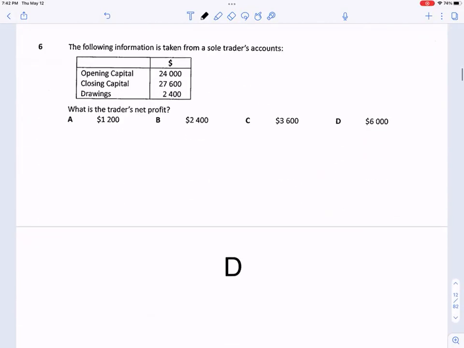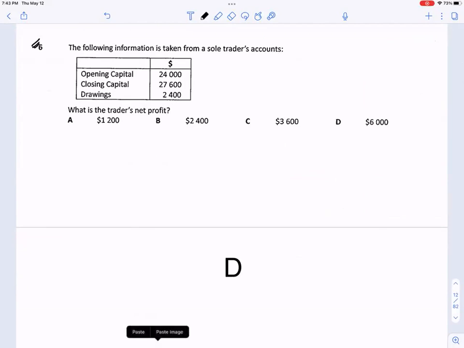Come on, do the eighth one, sixth one. Prisha, which account will you make? Sole trader's account. With this information, will you make a balance sheet or a capital account? Balance sheet.